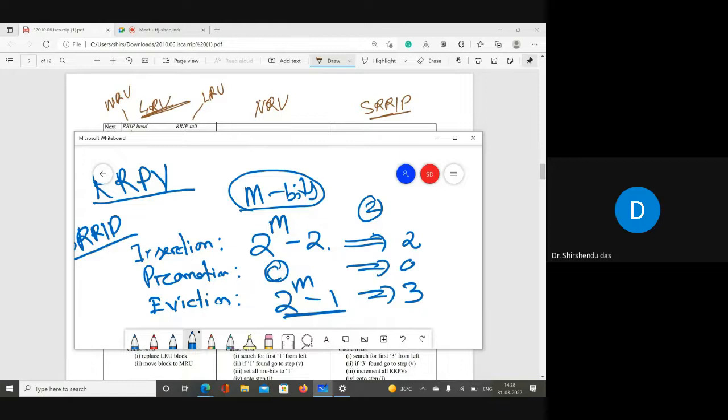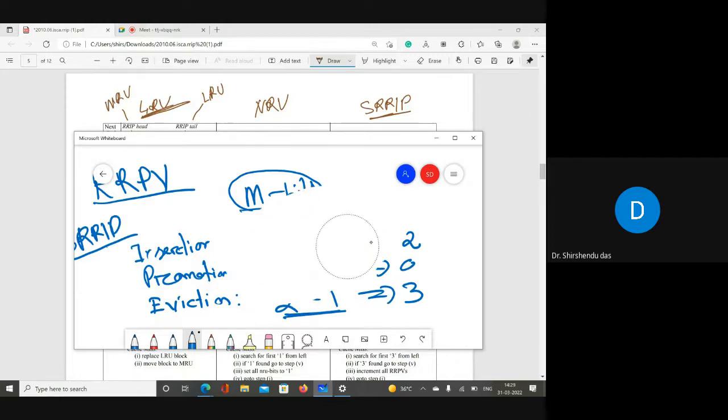Isn't it? So when we try to evict, we check which blocks have RRPV value 3. From these blocks, we choose one. This is the eviction policy. Promotion policy means if there is a hit in the cache, we change the value to 0. And insertion means every time we insert a new block, we insert it with the value 2. So now with this knowledge, let us try to understand the last column.